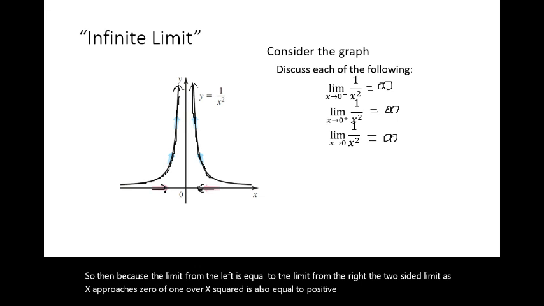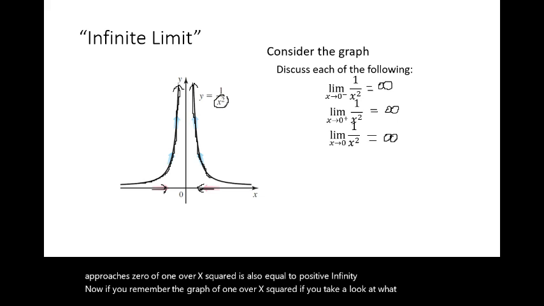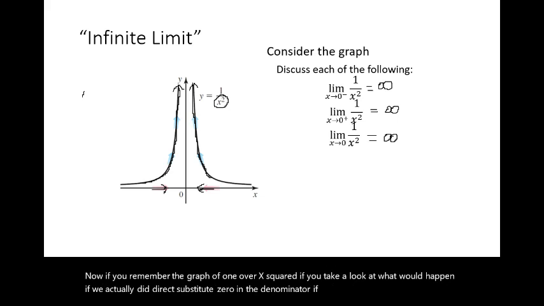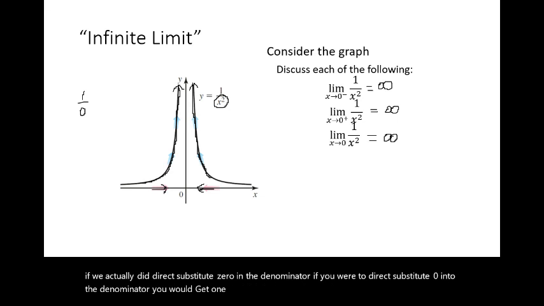Now, if you remember the graph of 1 over x squared, what would happen if we actually did direct substitute 0 in the denominator? You would get 1 over 0, which I said in the last video is treated a lot differently than 0 over 0. This is not indeterminate. This is just straight up undefined.